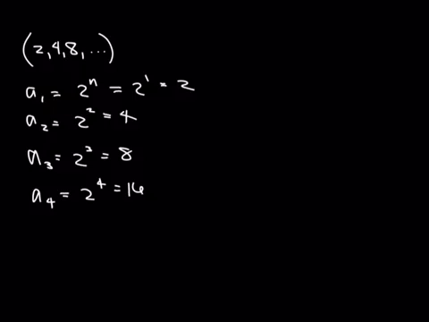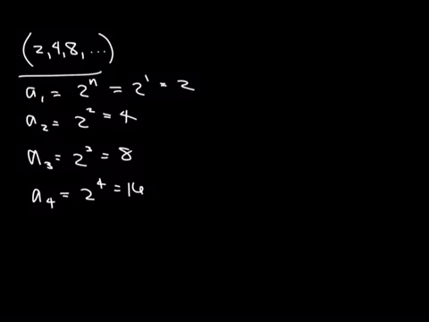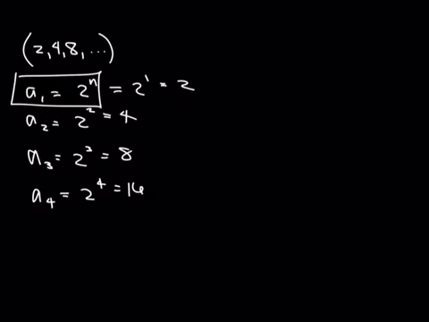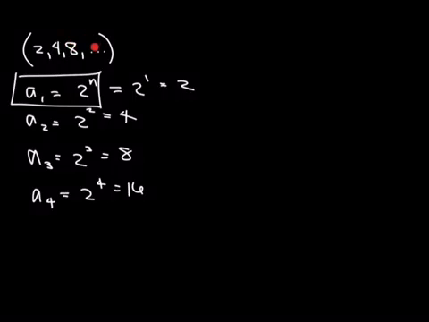Now at the bottom of page 578 it says, yes, this could be a possible general term right there, but what if we got the second term by adding 2, the next term by adding 4, the next term by adding 6?